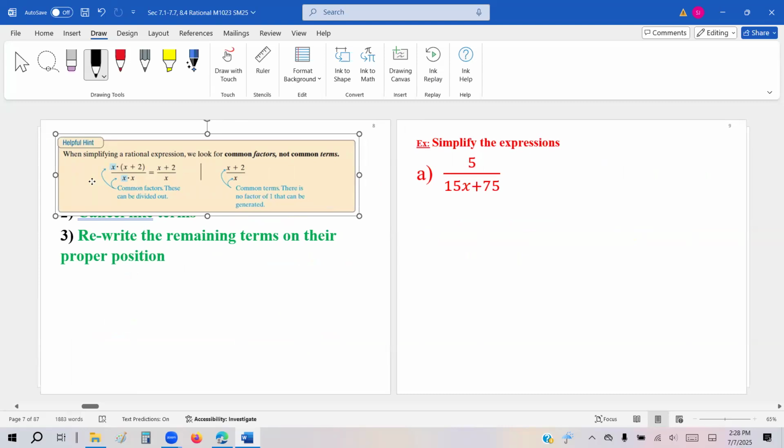Let's do an example. We have only one number on the top, 5. What can you do to the denominator? GCF. This is factorable. What can you factor out?